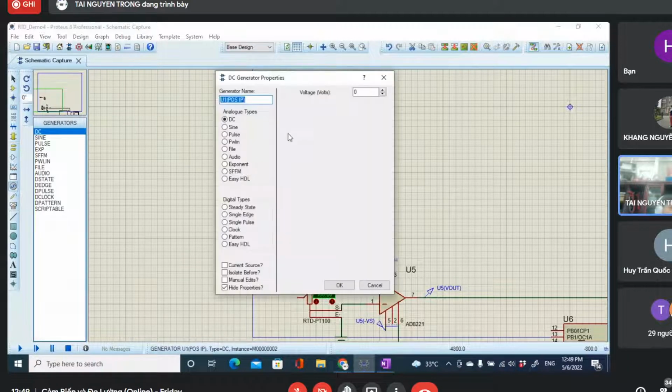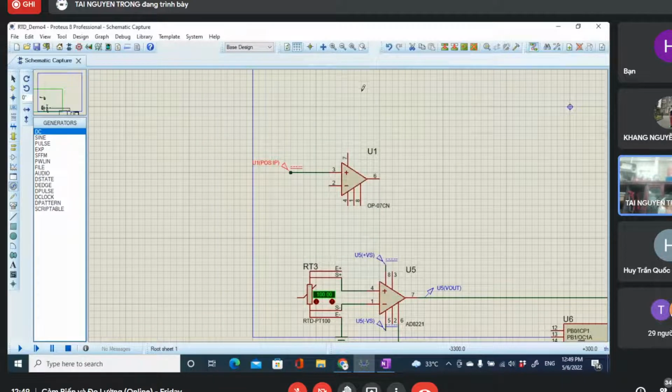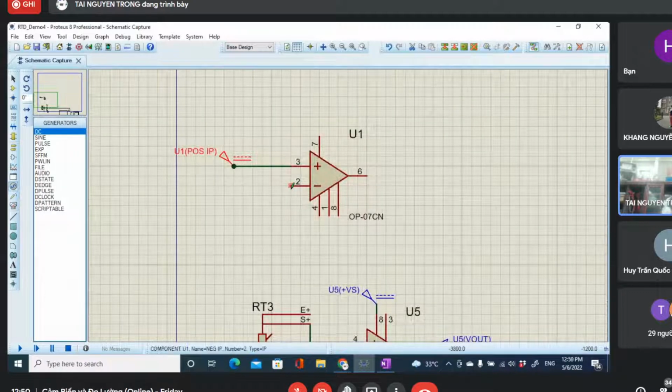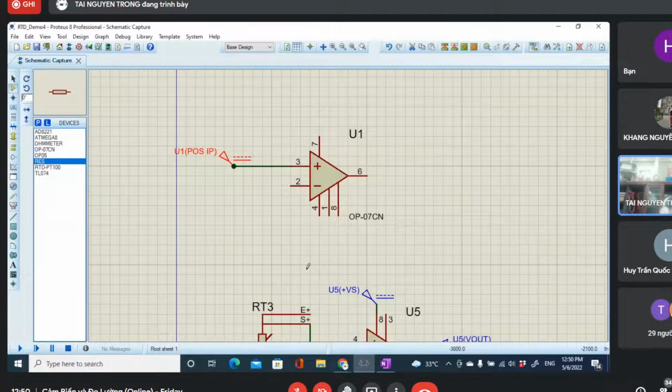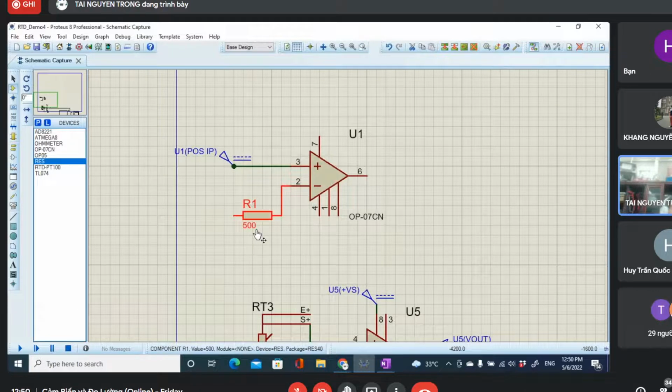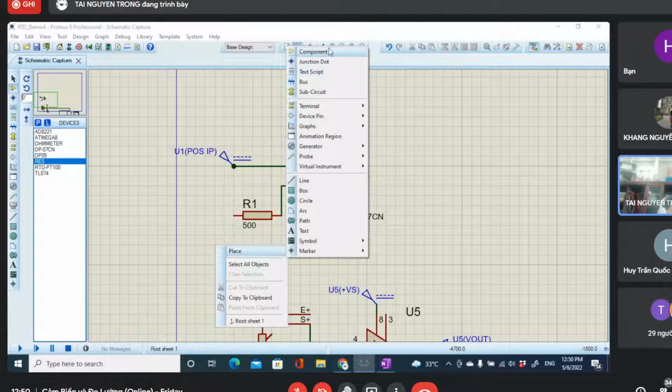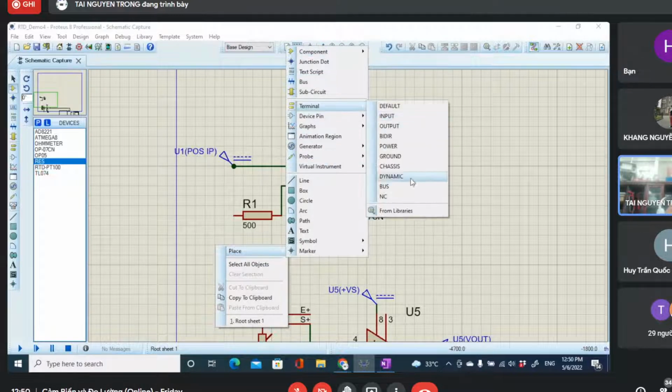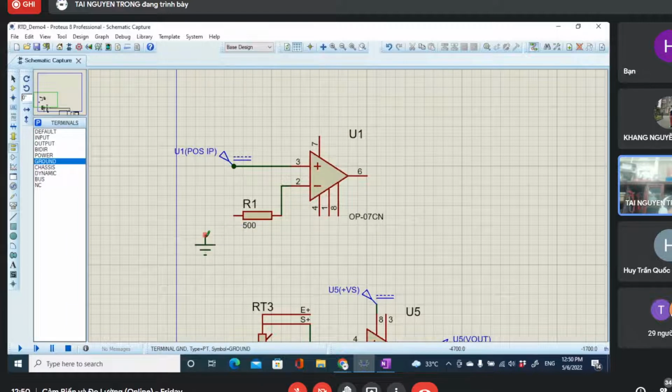Okay, in this case I will take it at 1 volt. Now we take a resistance. Okay, resistance here, and the value is 500 ohm, and then take ground.